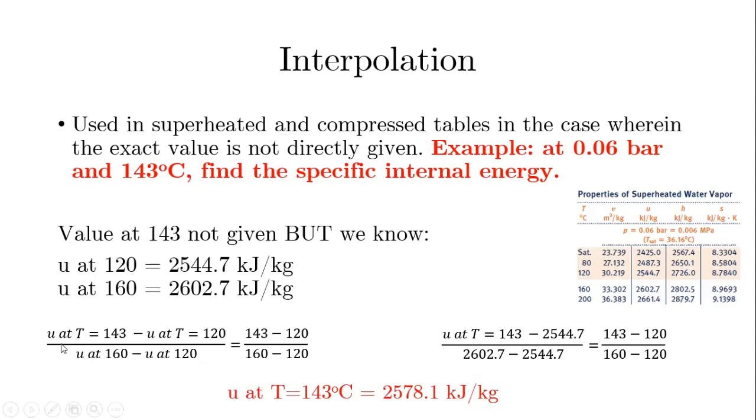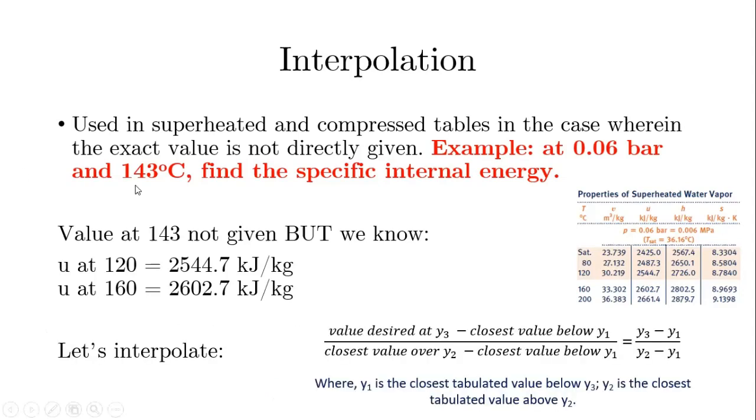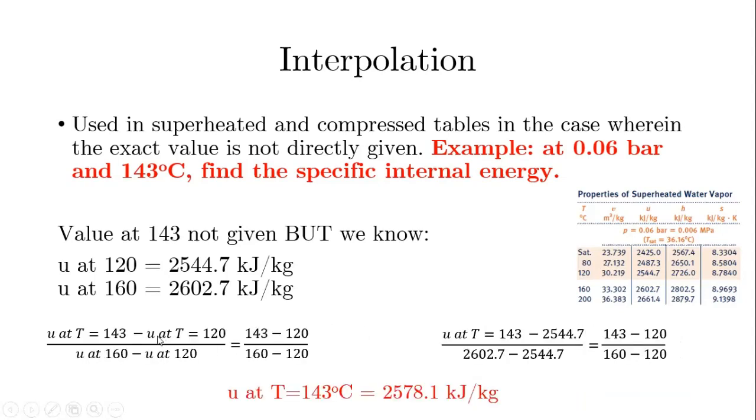So I know that I want u at T equal to 143. That corresponds to the equation right here, the value I desire. Then I subtract the one below, and I use the value above and the value below to cap that. Those are here.